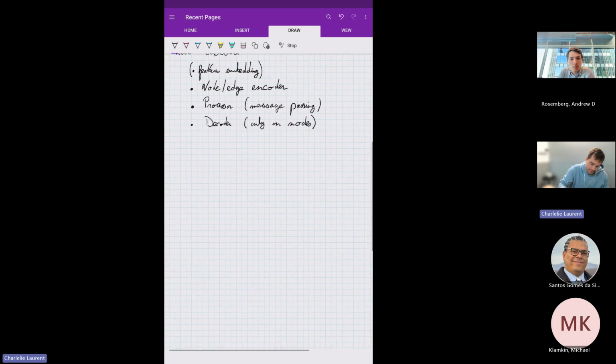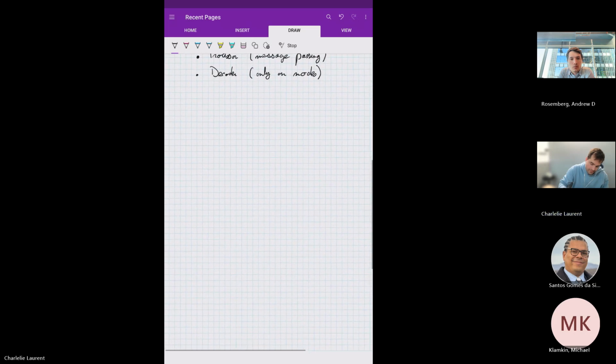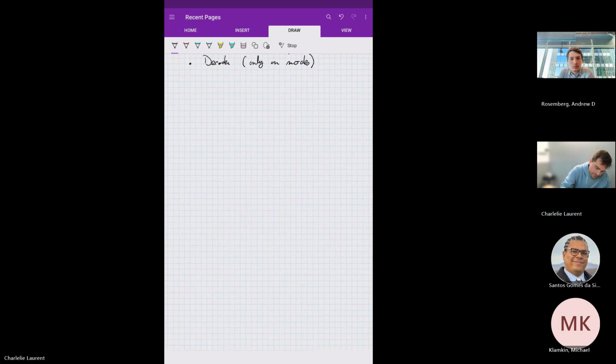What I'm trying to do is not just to present the mesh GraphNet and tell you, here is the mesh GraphNet.